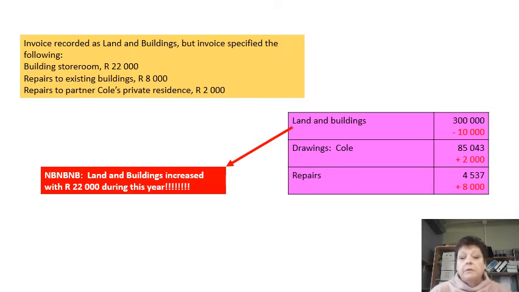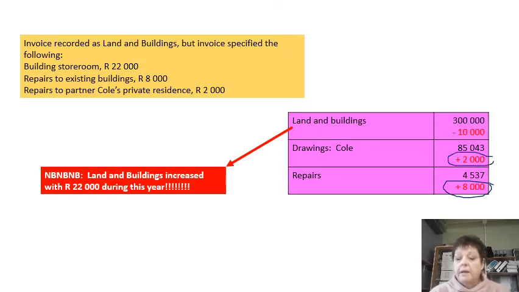Last part of adjustment 1 is the invoice recorded as land and buildings, but it specified that the full invoice was recorded, so that means the full 32,000 was added to land and buildings. That was a mistake because part of that was repairs to the existing buildings. That's why I have a plus 8,000, and part of that was repairs to one of the partners' private residence.